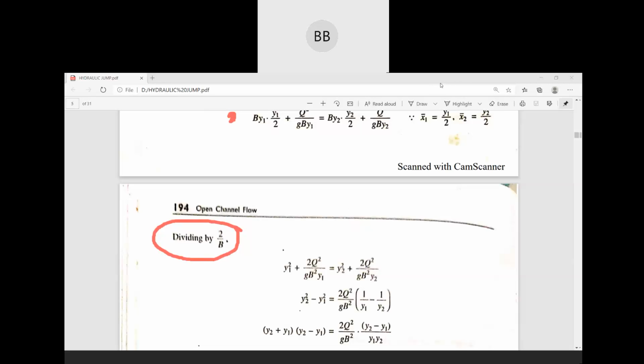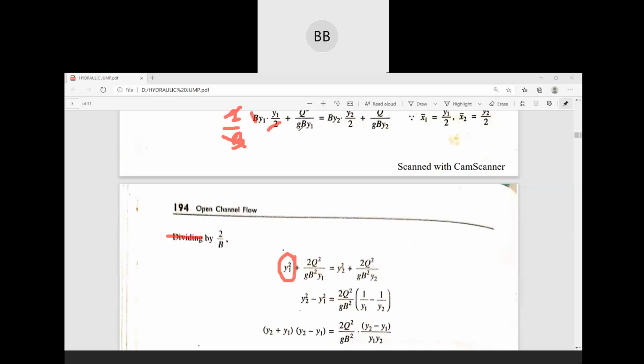It's not dividing, there is a small mistake here, it's multiplying by 2 by b. If you multiply by 2 by b, this b and this b will cancel out, this 2 and this 2 will cancel out. What will be left is y1 square.